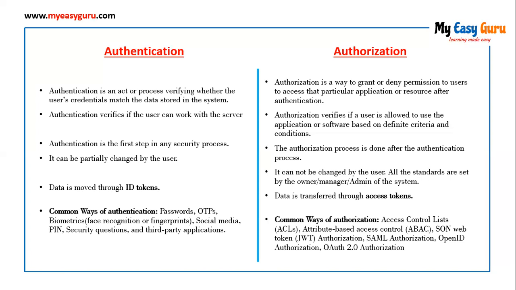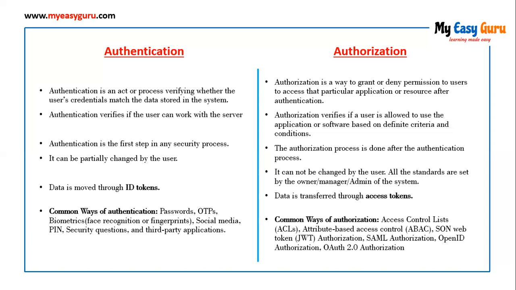So there are passwords, OTPs, biometrics, social media, PIN, security questions, and third-party applications. While in authorization, there are access control lists, attribute-based access controls, JSON Web Tokens, then there is SAML authorization, and there is OpenID authorization.